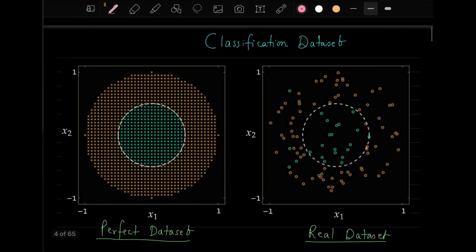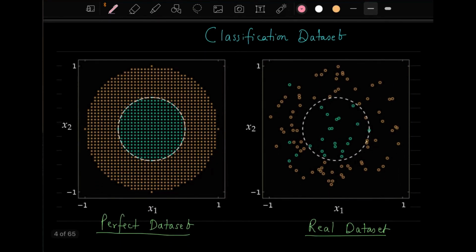Similarly, for the classification data set also, you can have a similar picture, where the slide on the left side is a perfect data set, where the amount of data is infinitely large and it's completely noise free. Whereas in this case, it's a real data set where we have some samples of this particular data set, but they are imposed upon with noise.